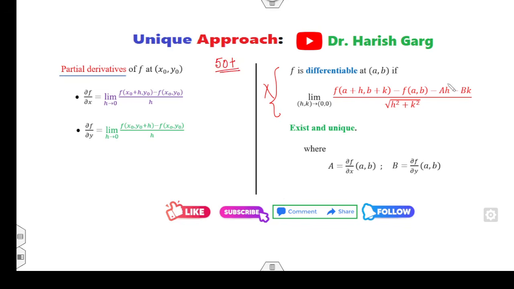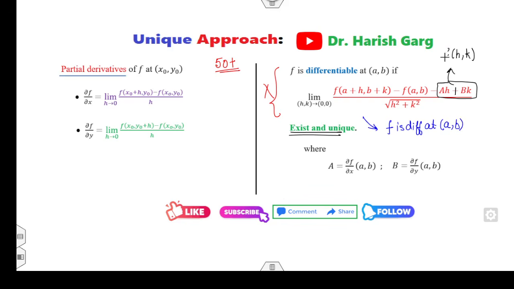One important point. If I put a bracket here and add a plus, if I say that this is a function of h and k, and if this limit exists and is unique, what is the meaning of that? That means f is differentiable at (a, b).